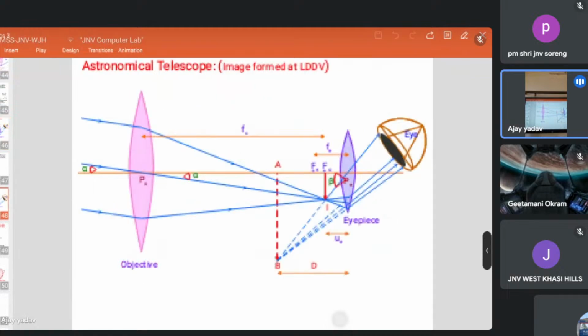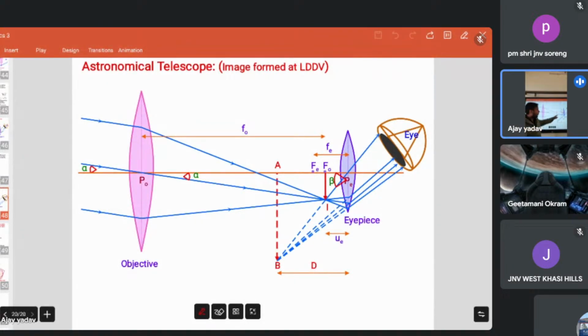Now for the astronomical telescope, if the image forms at the least distance of distinct vision, there is one difference. FO and FE will not coincide here, and we adjust this so that these rays will not go parallel.